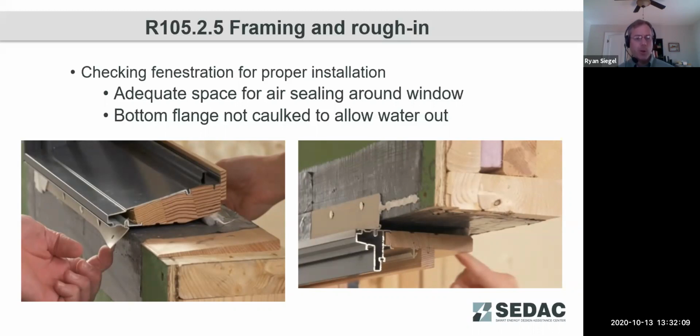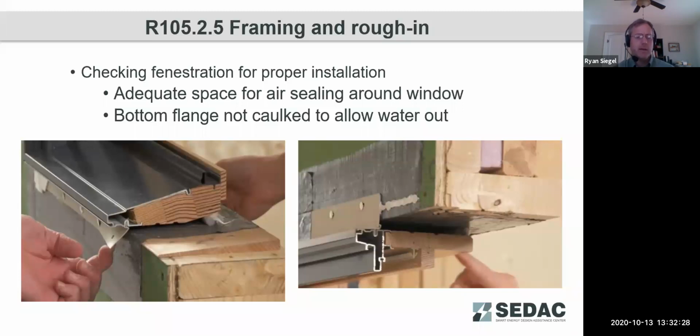Also, on the outside, making sure that this bottom flange is not caulked, because in the event that water does enter this space behind the window flange, we need to make sure that it has a way to get out so the assembly can dry.